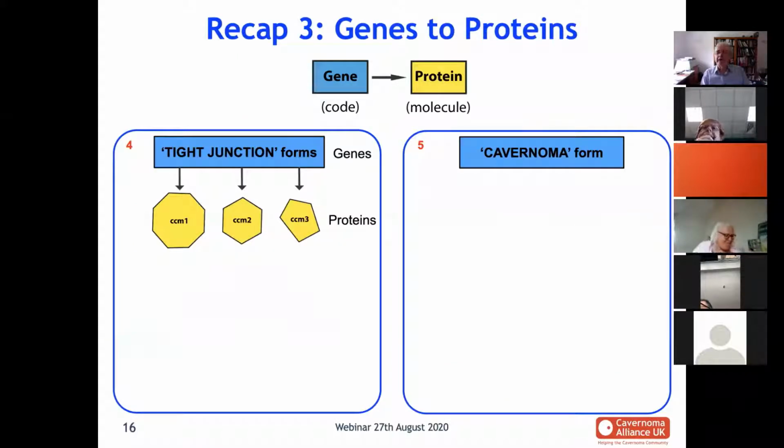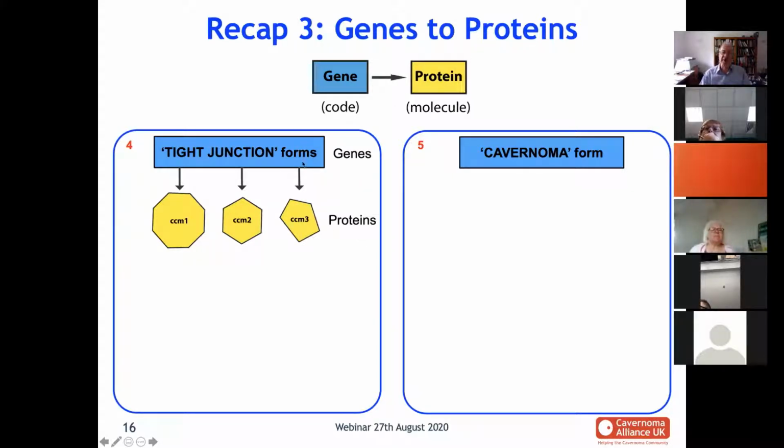So, next recap is that what genes do is they are the code for the cell to make proteins. They're the information provided for the cell to make a protein. I've coloured genes in blue here and proteins in yellow.